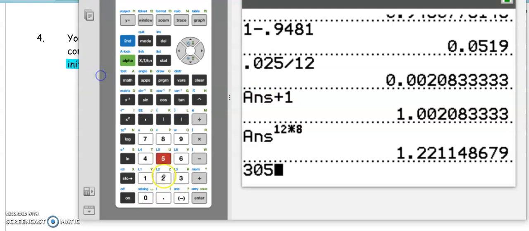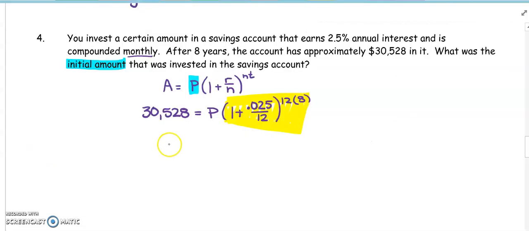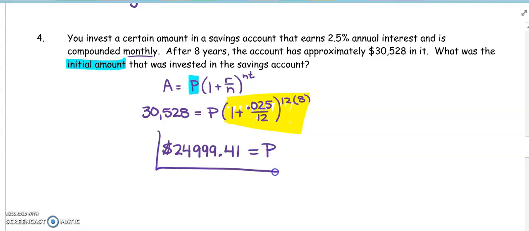So 30,528 divided by, let's get that answer and click enter. What do we see that original principal was? The original principal was $24,999.41. That's what P was equal to.